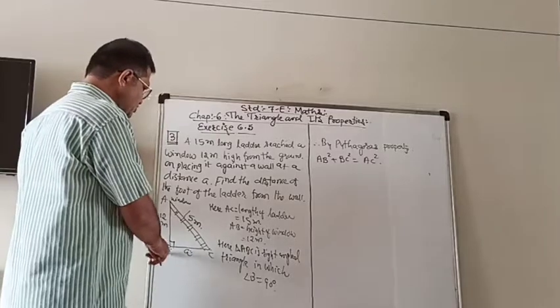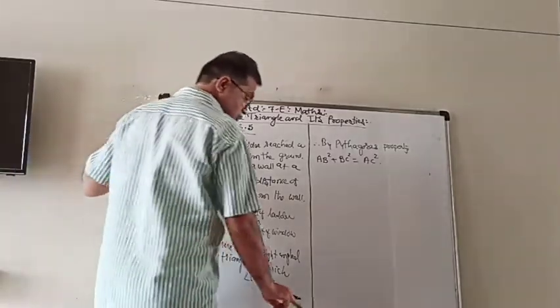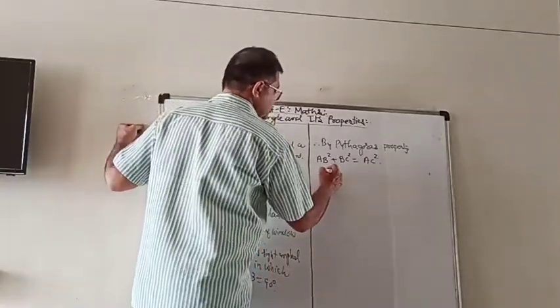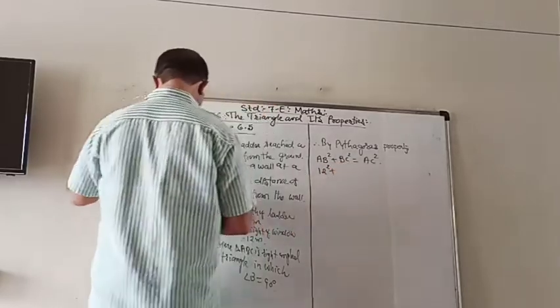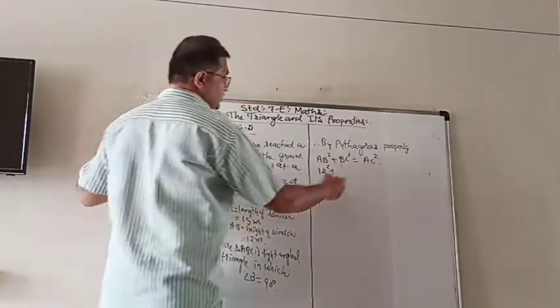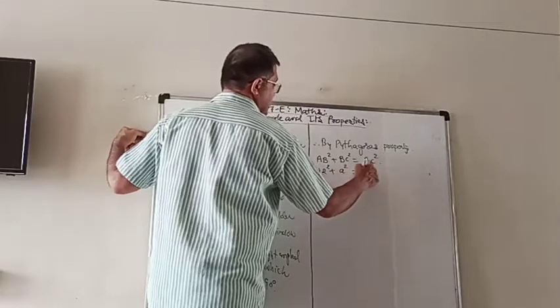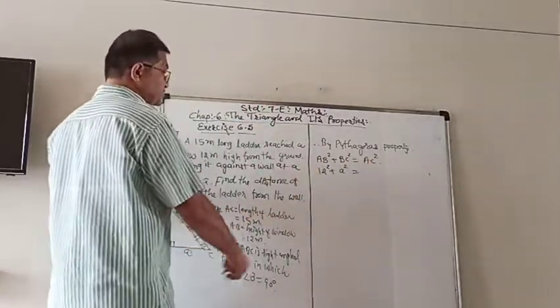Now we will substitute the values. AB is equal to 12 meter, so 12 square, plus BC we have to find, so A square, and that is AC, 15 square.